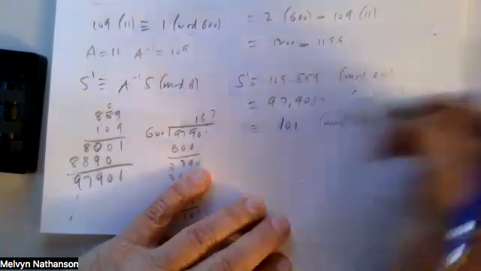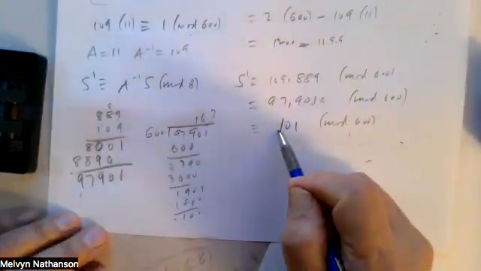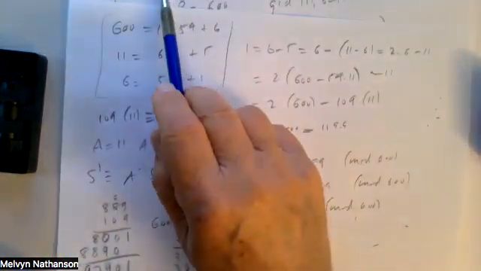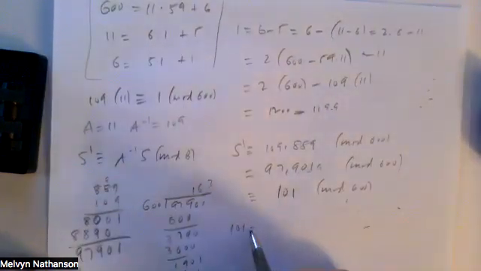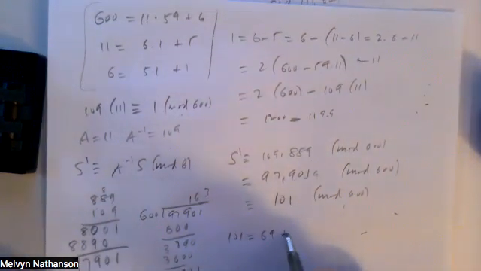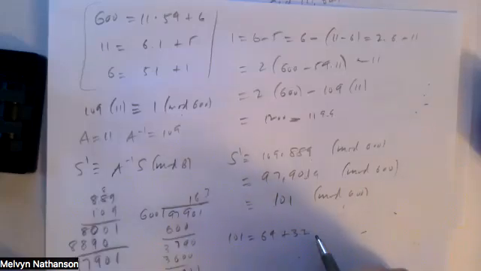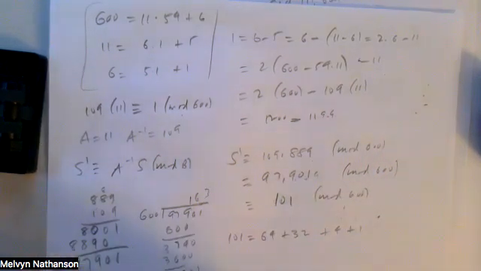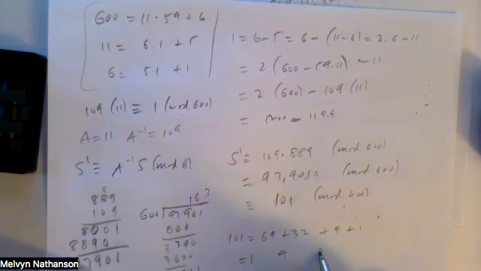I mean, the reason I know it's not correct, so I have S prime is 101. So then I'm going to write S prime as a subset sum from my original super increasing sequence. And we'll say 101 is 64 plus 32, it's 96 plus 4 plus 1. So let me write it like this. This is 1, 4, 32, 64.